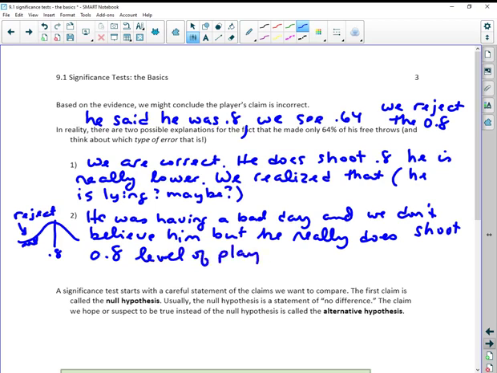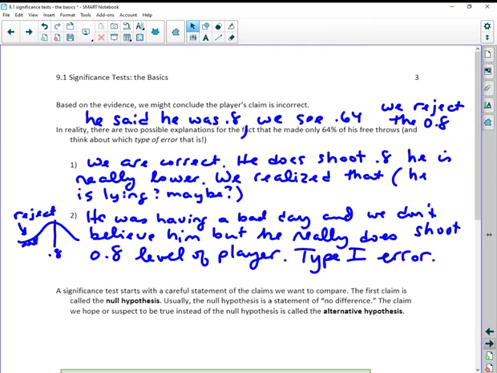Maybe we really want him on our team because he's a great player, but we did not believe him. He was just having a bad day, and we just committed what's called a type 1 error. That would be an example of that.